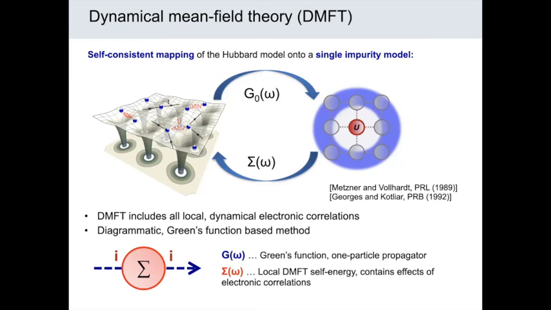Because DFT and DMFT are completely different grounds, one being wave function based and the other diagram based. So we don't have any other way of doing additional double counting here in this ab initio DΓA, but this is maybe something that one would need to think about. Okay. Thank you.